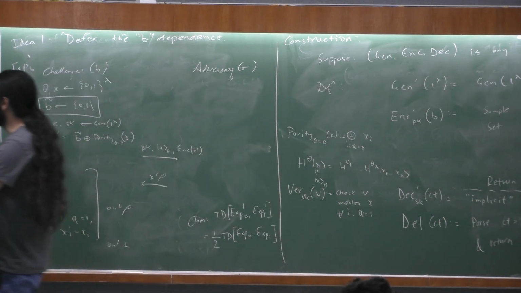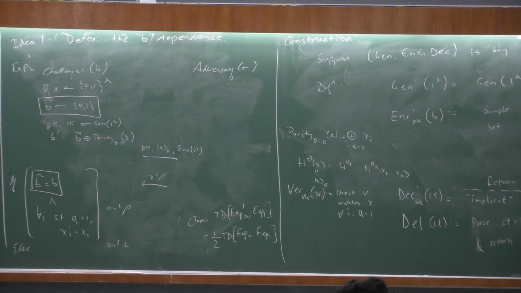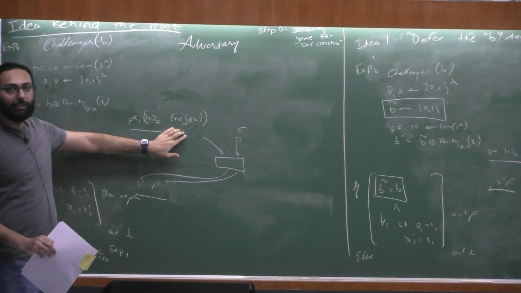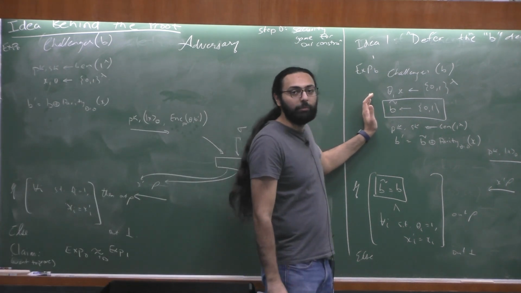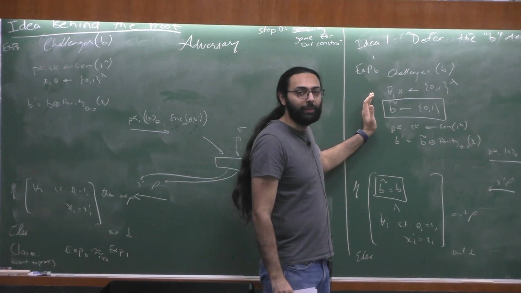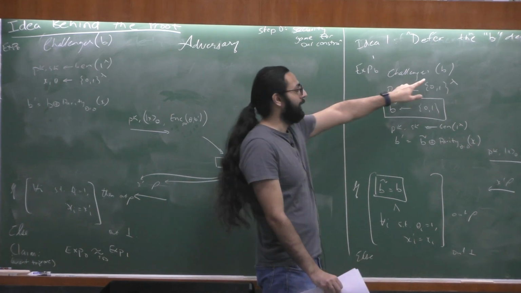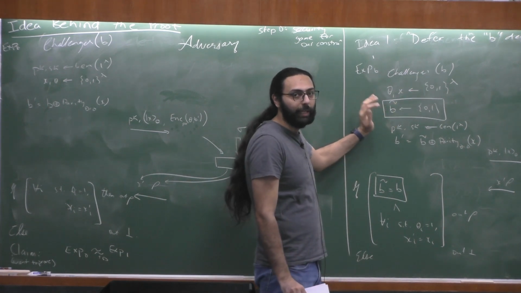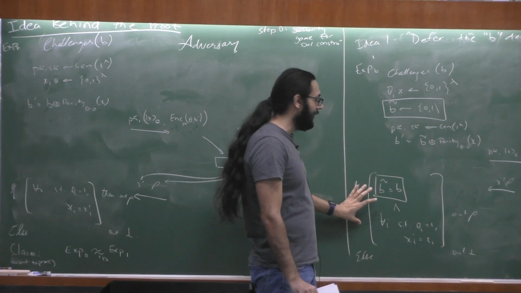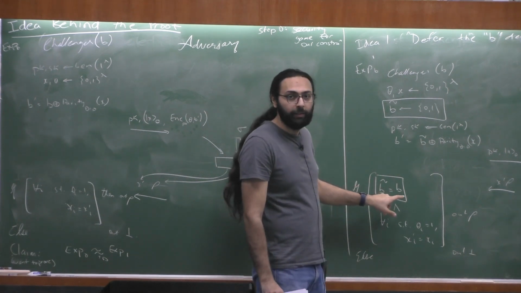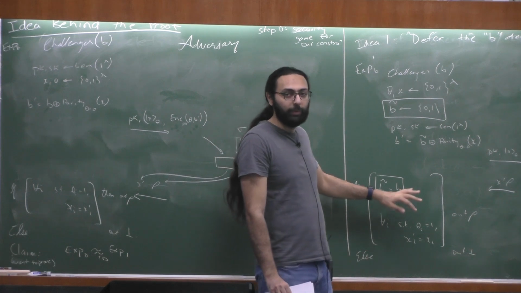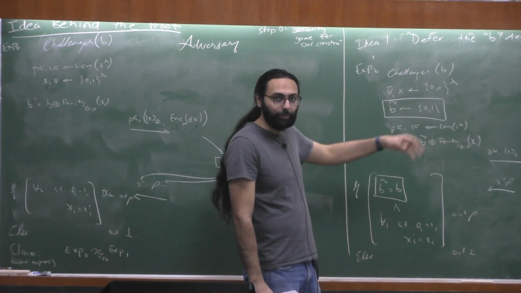Here what we were doing was we were choosing a B, computing B prime, and then encrypting it and sending it. Now what we are doing is we are just encrypting something random. We just pick a random bit, not the one that we were given, encrypt that, send it, and it's only later that we check whether what we picked was correct or not. This is just for intuition building, because we'll do something more clever.